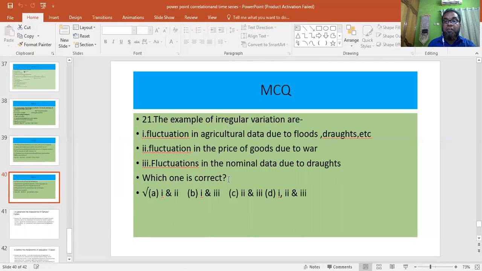Rajshahi, Dhaka, Chittagong, these are nominal data. So this cannot be changed. Only 1 and 2 are correct. So the answer is A. 1 and 2.